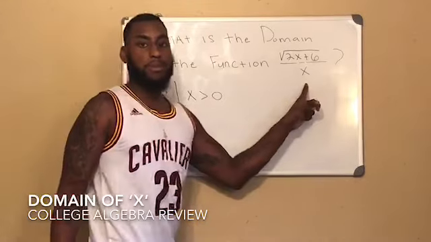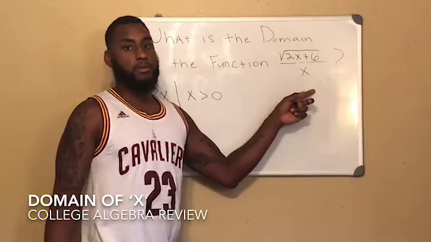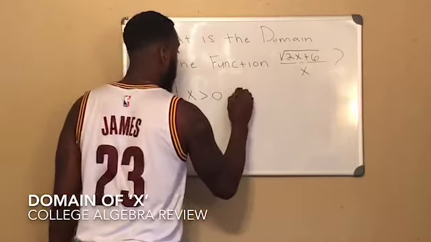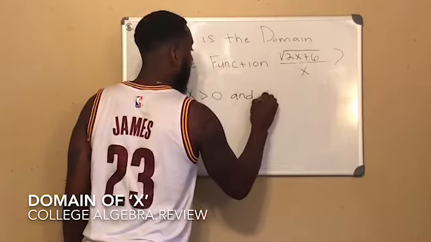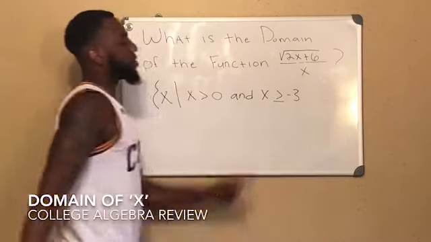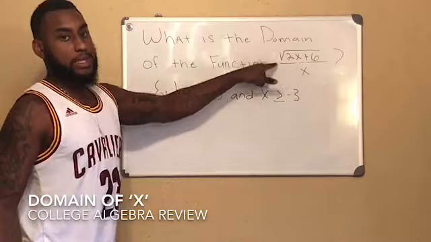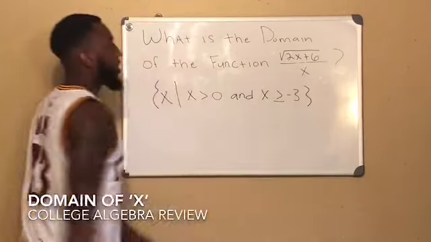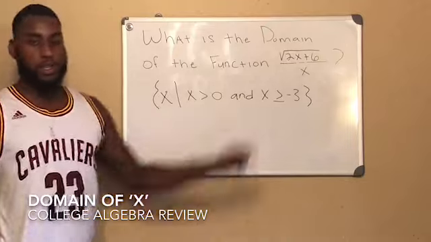We don't want the bottom to be 0, so that's part of our restriction. And x is greater than or equal to negative 3, because our top has to be a positive number, right? And that is our domain of this function.